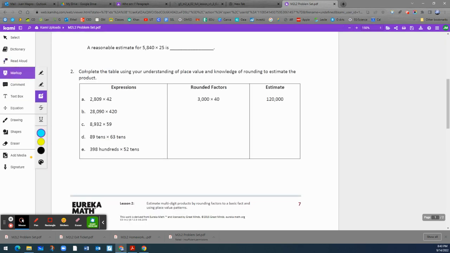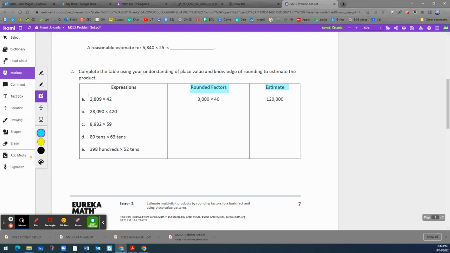This one says, complete the table using your understanding of place value and knowledge of rounding to estimate the product. So we're going to round first. This is what they want us to do. Then we're going to write the estimation number here, the product.